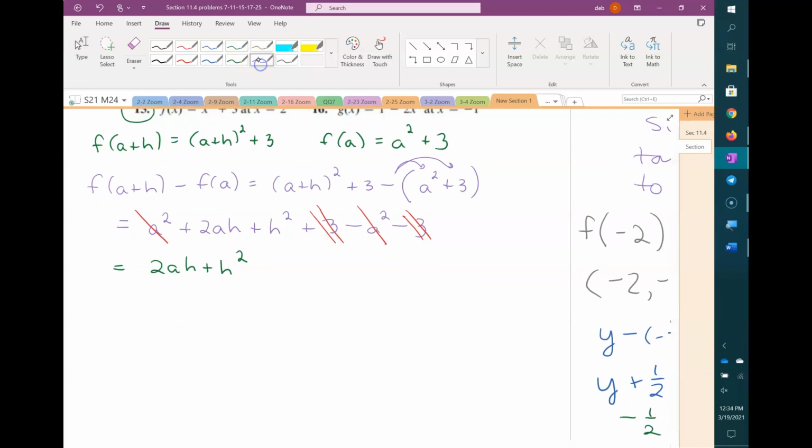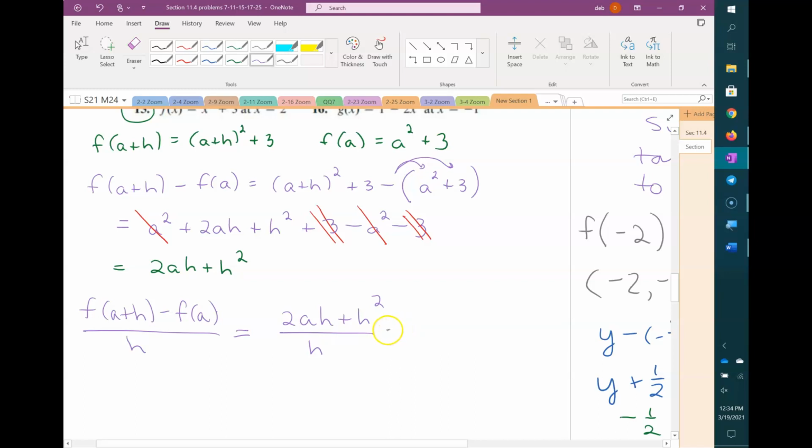Okay, so then the next thing we need to do is say, well, the derivative at a is going to be the limit. Oops, wait, we lost one step. We've got to divide by h. f of a plus h minus f of a over h is going to be what I have sitting here divided by h.